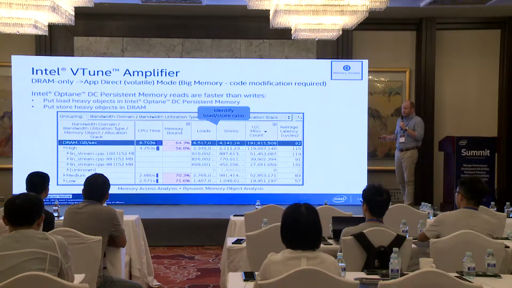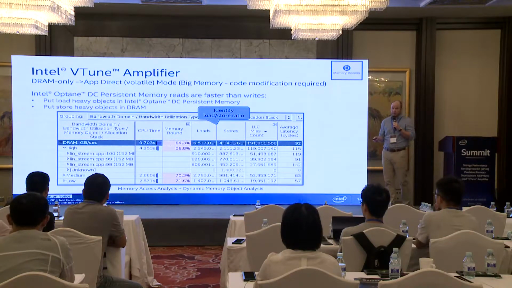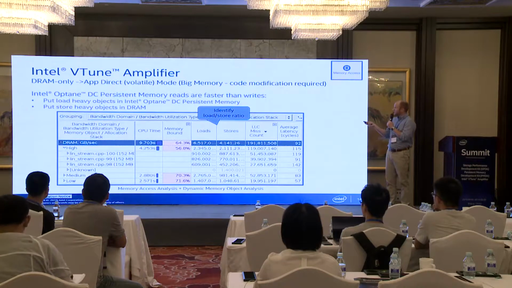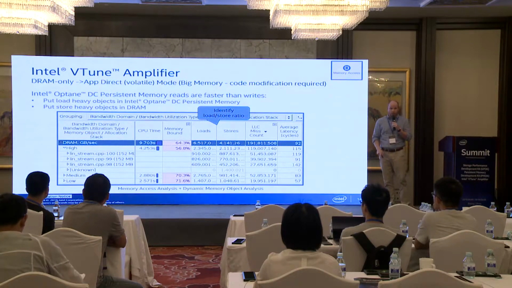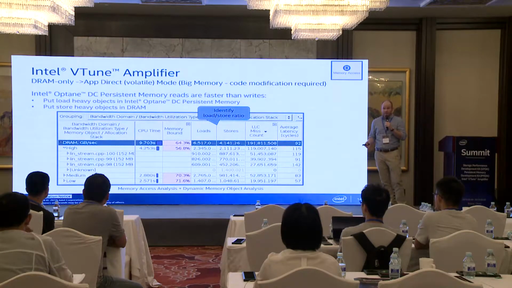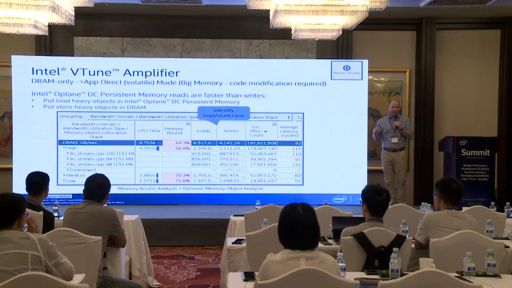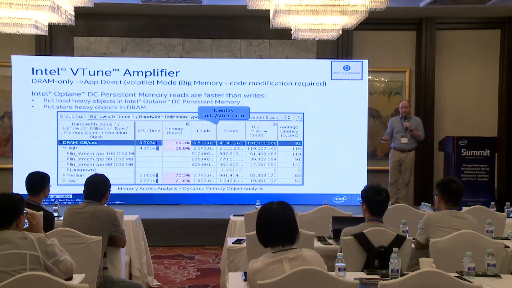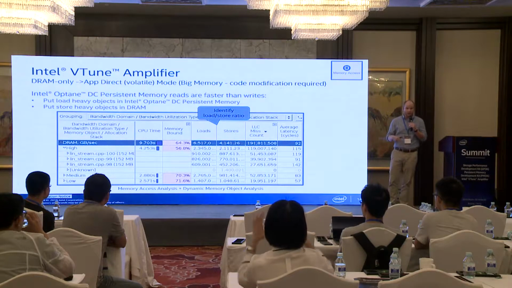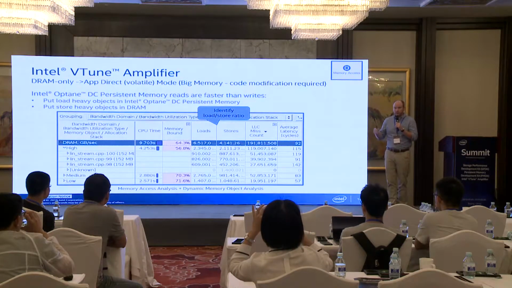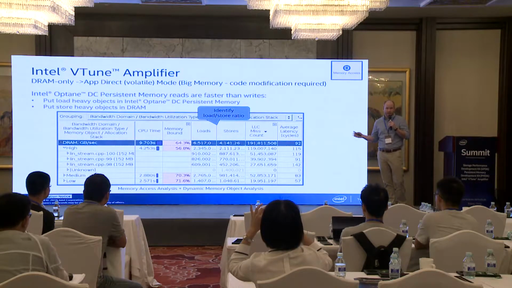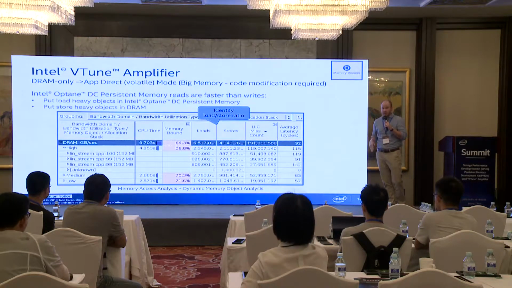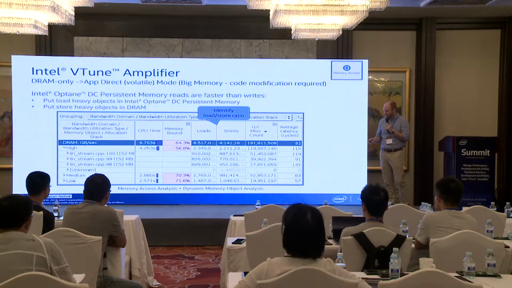Another consideration when using Optane DC persistent memory is related to the latency of loads versus stores. One characteristic of this technology is that the loads are much faster than the stores. The reads are much faster than the writes. So when considering what objects to put in Optane DC persistent memory, it's important that you evaluate the loads and the stores.